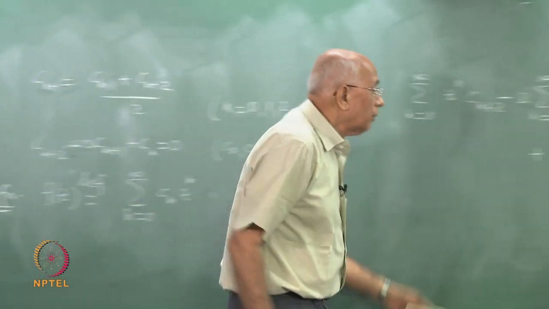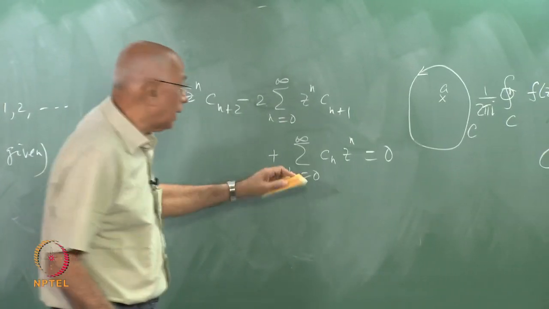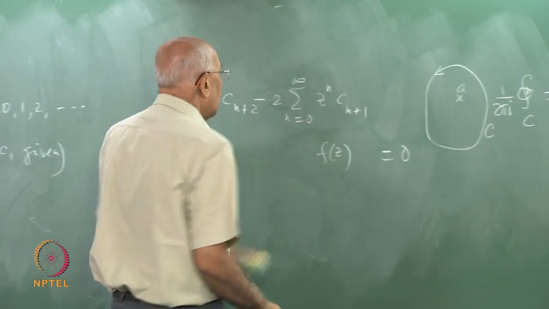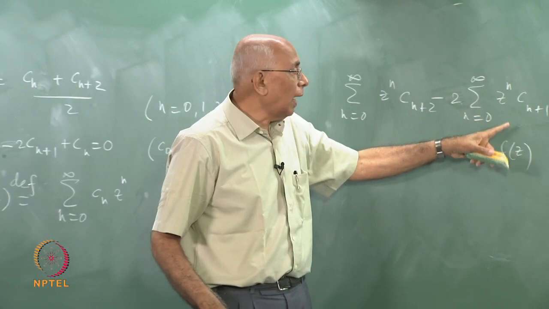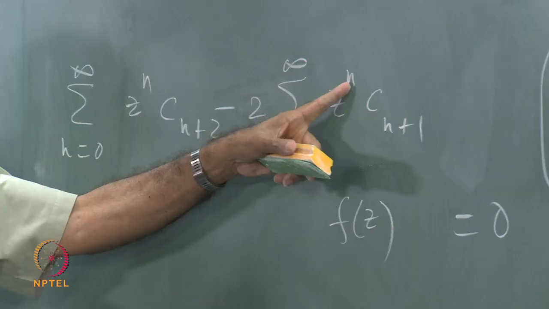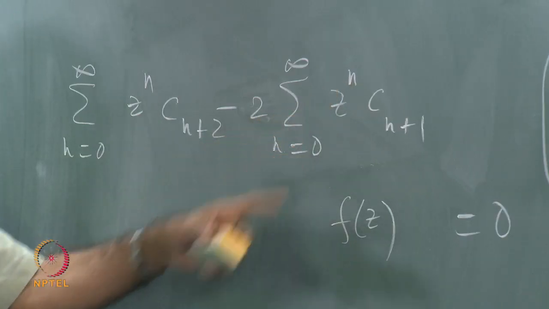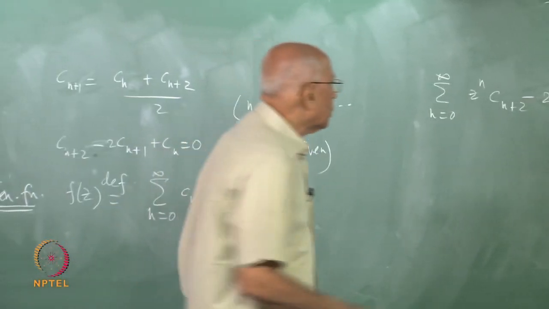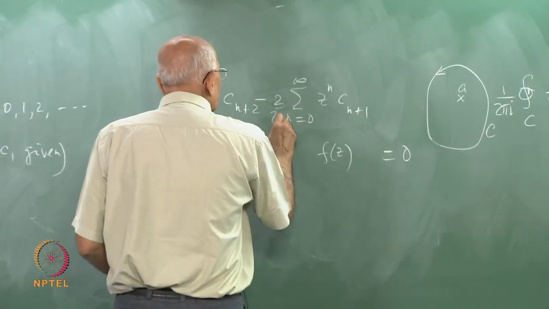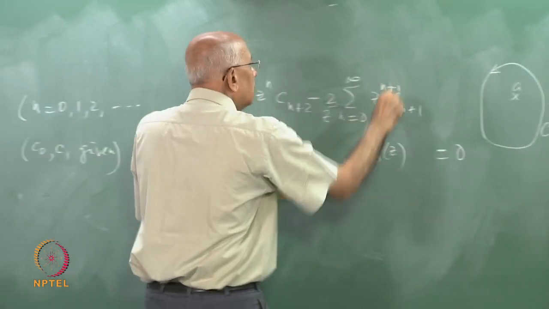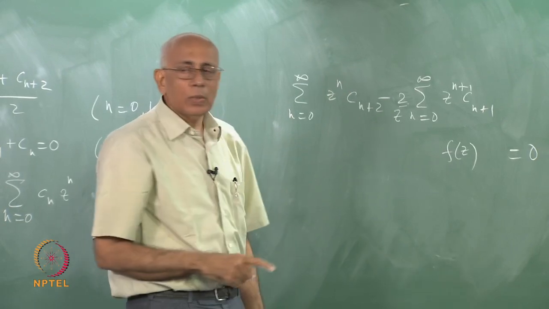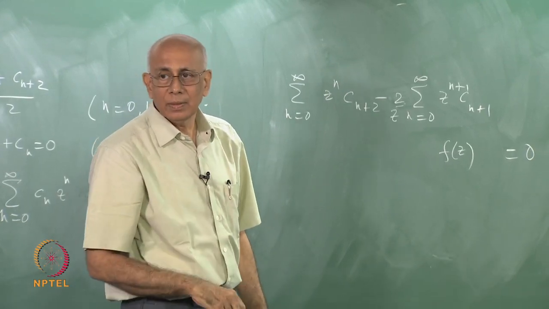The last is of course f of z itself as it stands. Had this been z to the n plus 1, then I could have said something, but it is z to the power n, so the obvious thing to do is to multiply and divide by a z. So it is 2 over z and then the sum runs from 1 to infinity instead of 0, so it is f of z minus C naught.